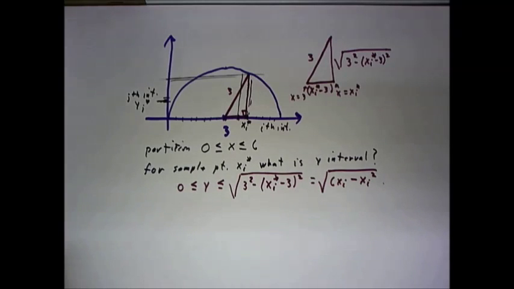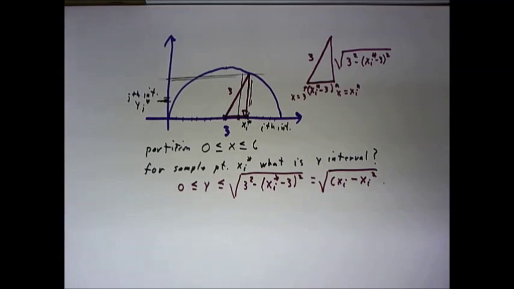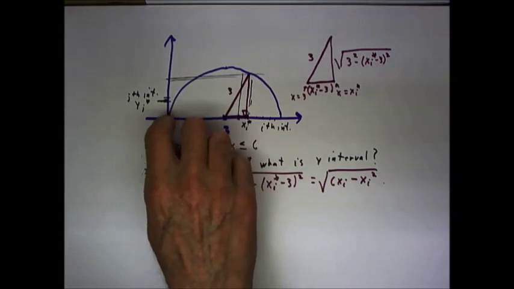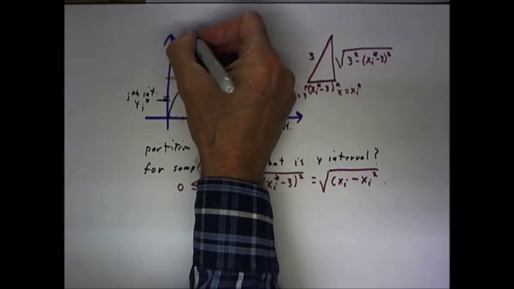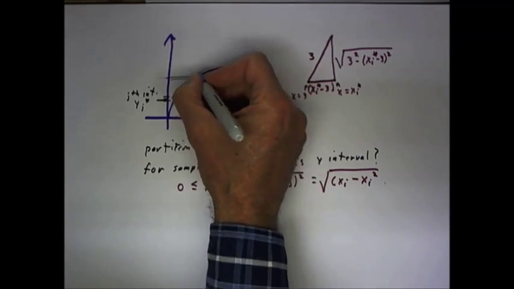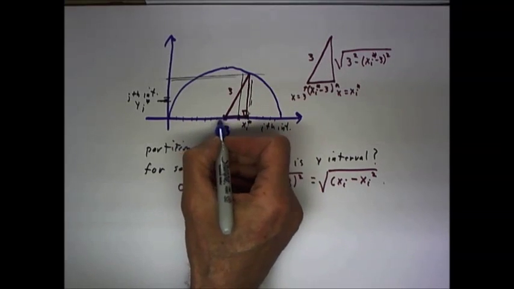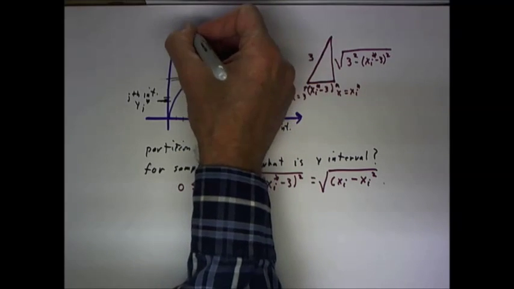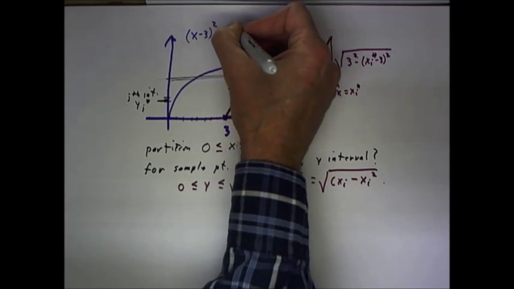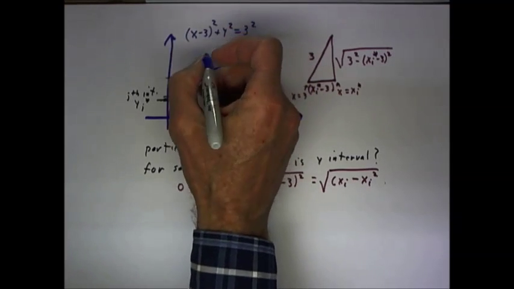The same result could also have been obtained by writing the equation of this curve. This curve having the property that if x, y is a point on the curve, then x minus 3 squared plus y squared has to equal 3 squared, and this can be simplified.